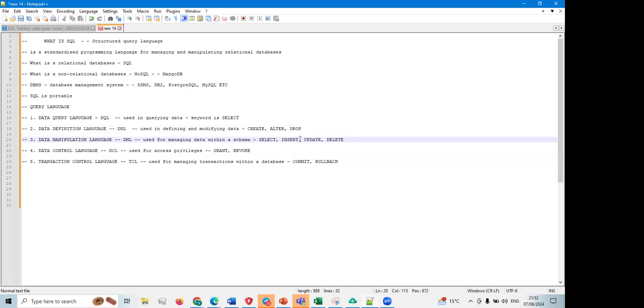Now, it is also not your job to insert or update a database. Grant or revoke, you don't have that privilege to grant people rights to a database. You are, as a matter of fact, granted rights to a database, and those rights could be revoked.